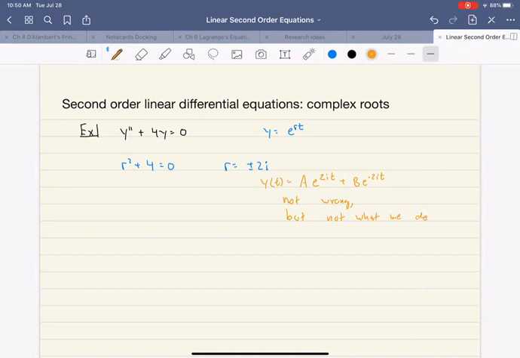Okay, instead what we do is we take our y of t and we say, you know what? Something that can be written like this can be written in terms of cosines and sines.